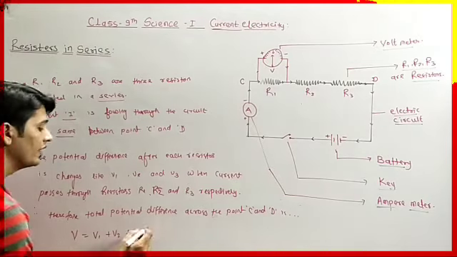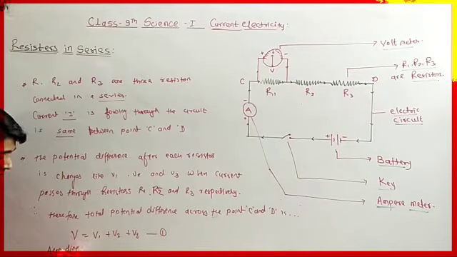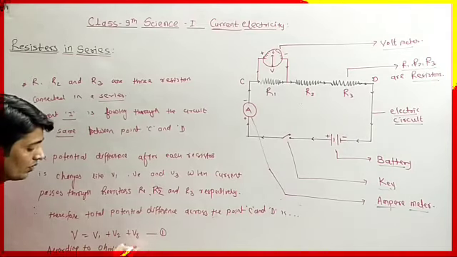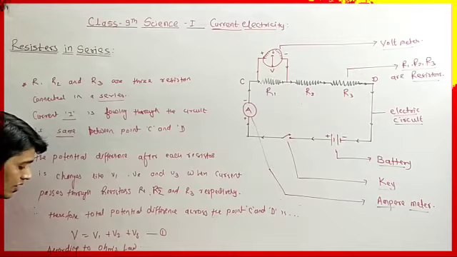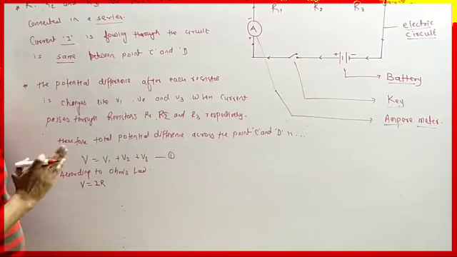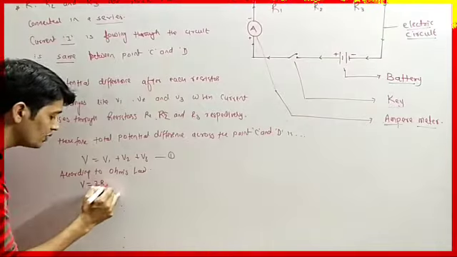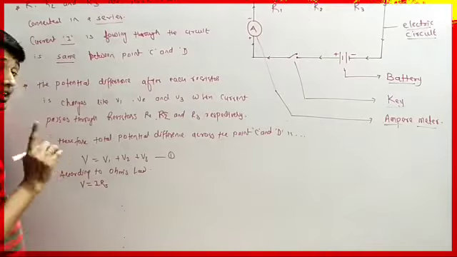Take it as equation number 1. According to Ohm's law, V equals IR, where R is the effective resistance in the circuit between points C and D. Therefore we write Rs, the resistance in series.